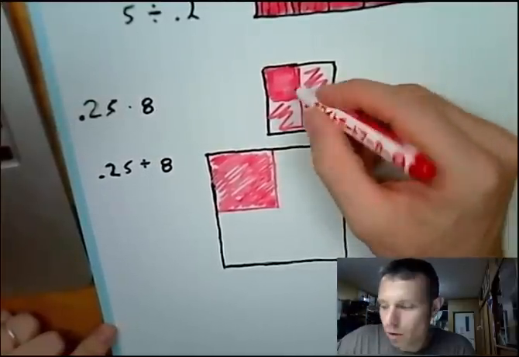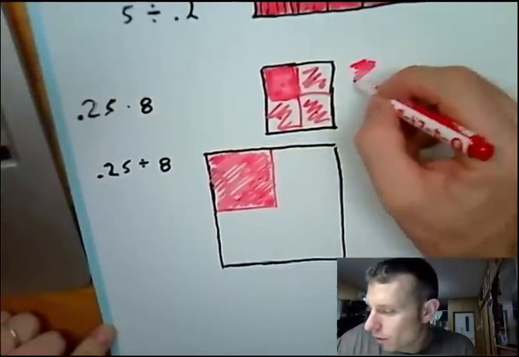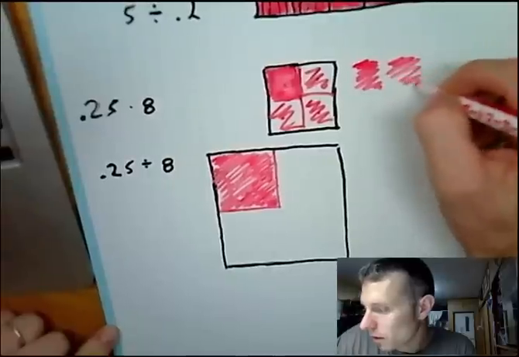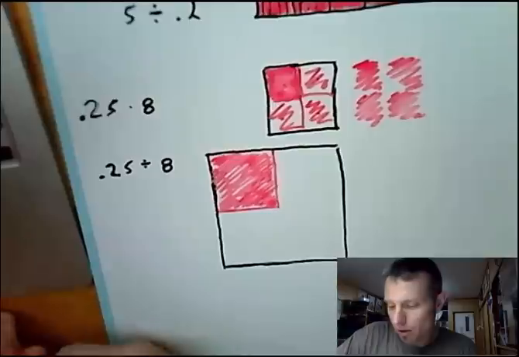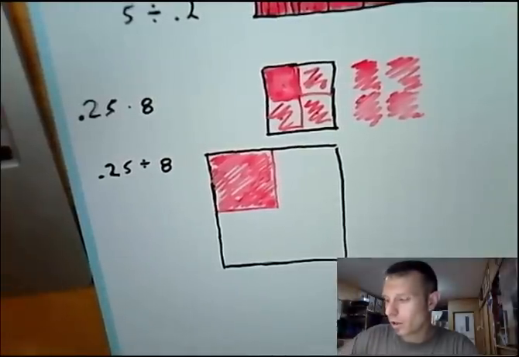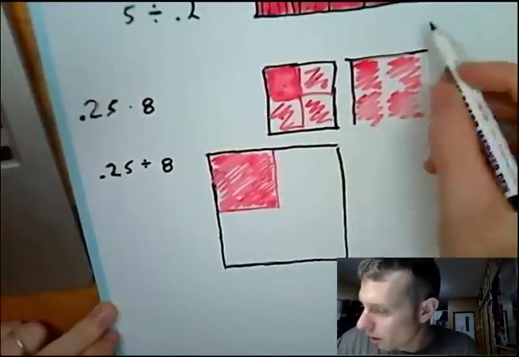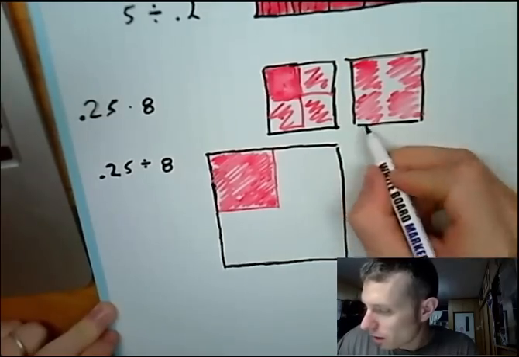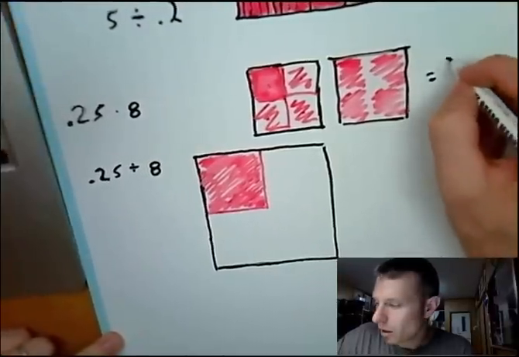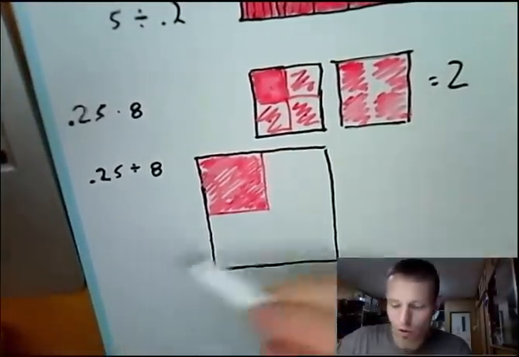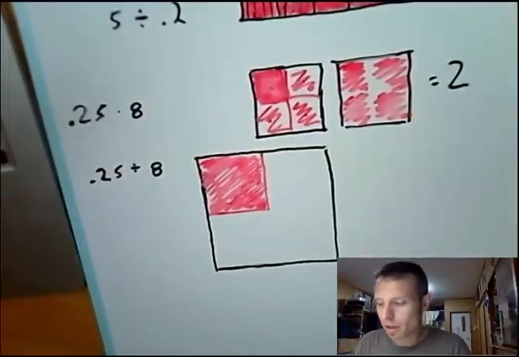So that's 1, 2, 3, 4, and then you have another one here, 5, 6, 7, 8, and then you can see that that adds up to 1 more whole unit here. And so 0.25 times 8 gives us actually 2. So it increases the original amount.